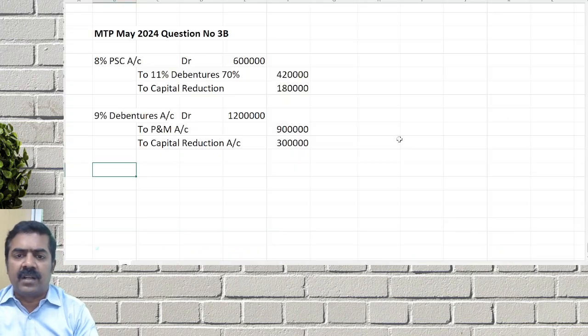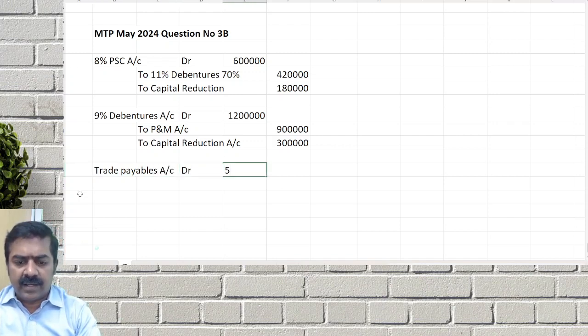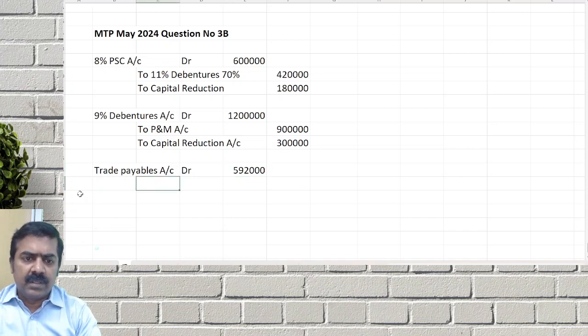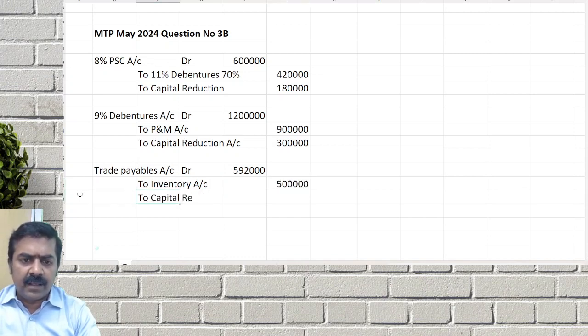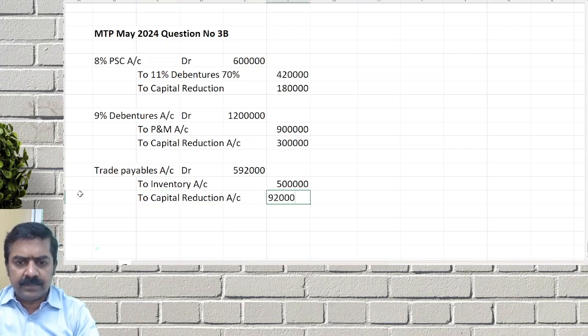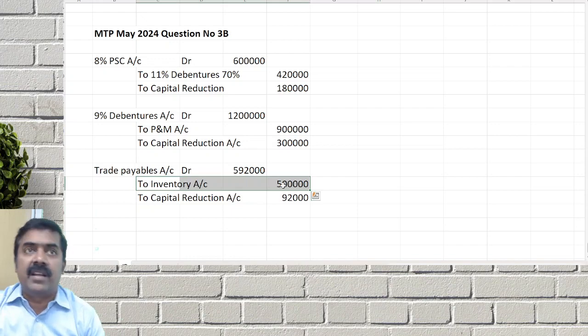We are settling with what? 5 lakhs of inventory. Debit the receiver, trade payables account, 5,92,000 to inventory. We are giving 5 lakhs. The balance will go to capital reduction account, 92,000. Book value of the inventory taken over is 5 lakhs, not all the inventory.